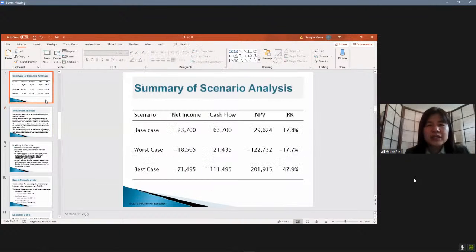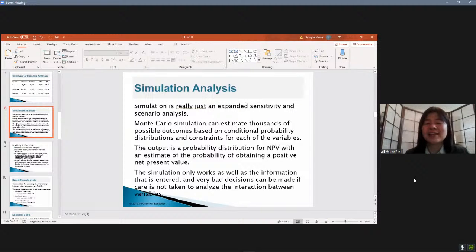This is just a summary of the calculations, the 3 scenarios we did using the Excel file, and the simulation analysis I just explained. The simulation analysis explained in this slide is just a real world application of sensitivity analysis and scenario analysis.